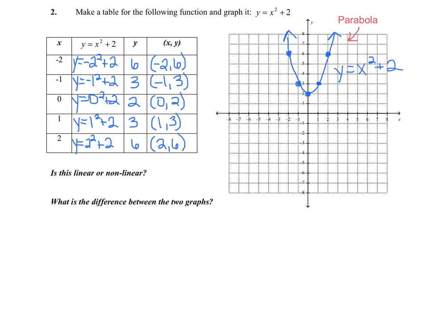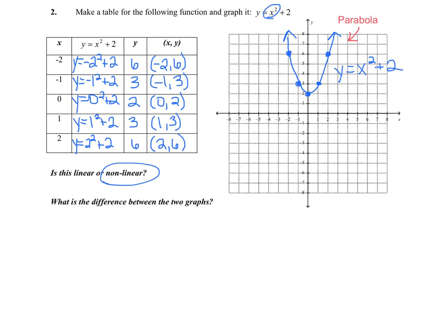And now you're going to ask yourself, is this linear or nonlinear? It's not a straight line, it's a parabola, therefore it's nonlinear. Now if you look at your function, y equals x squared plus 2, you notice there's an exponent here. So whenever we have an exponent, that also indicates it's nonlinear.